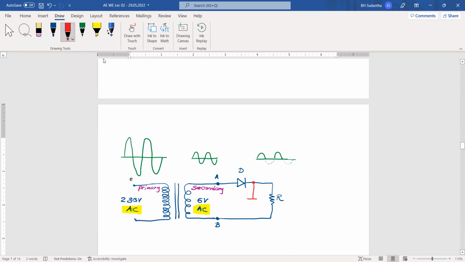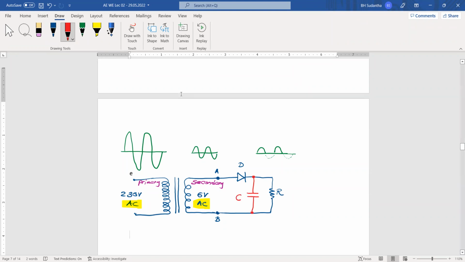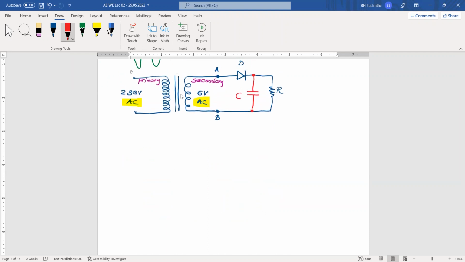It's a capacitor. Okay, then this is the input waveform.